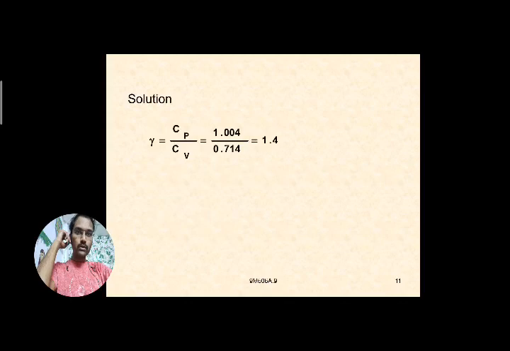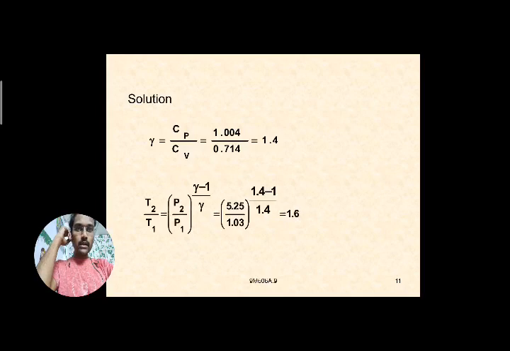Coming to the solution, to find the gamma value, the ratio of specific heats is equal to Cp by Cv, which is 1.004 by 0.717, and the gamma value is 1.4, which is standard. From the formula of COP, we determine the temperature ratio written as T2 by T1, which is equal to P2 by P1 whole to the power of gamma minus 1 by gamma.